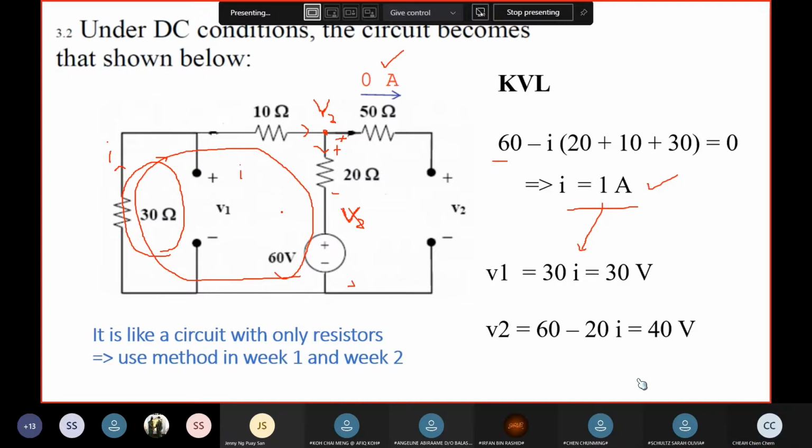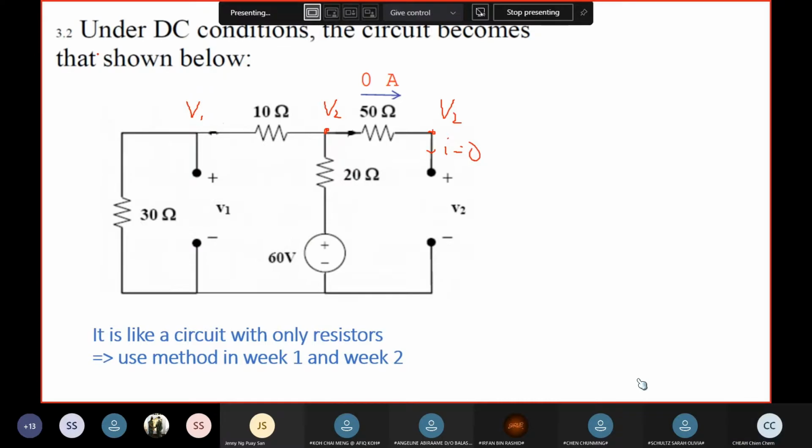Any questions? Actually my current should be this way around, right?